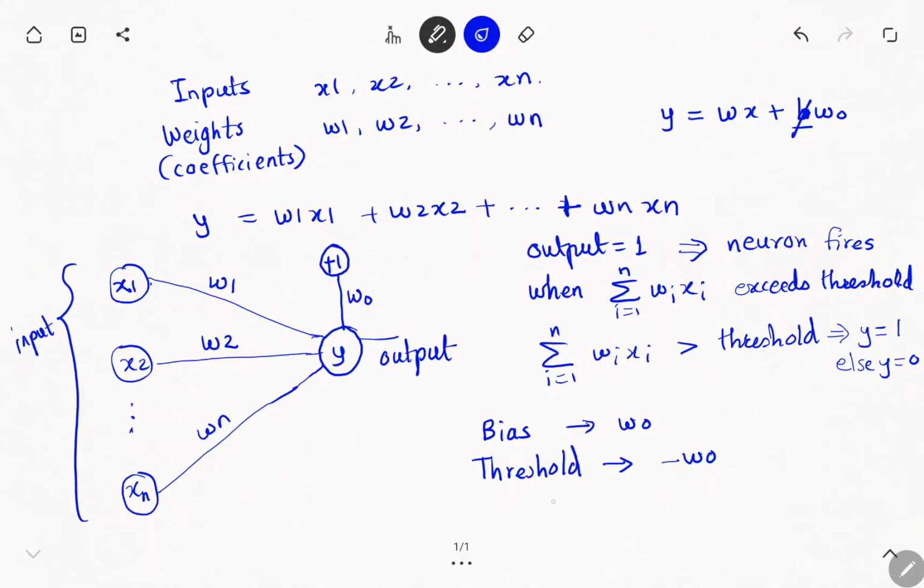So we'll say that if the summation, i goes from 1 to n, of wi xi is greater than minus w0, then y will be equal to 1. Fair enough?